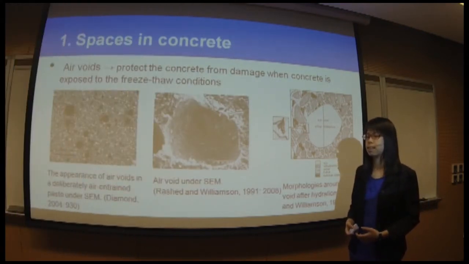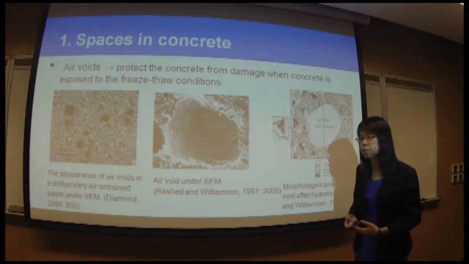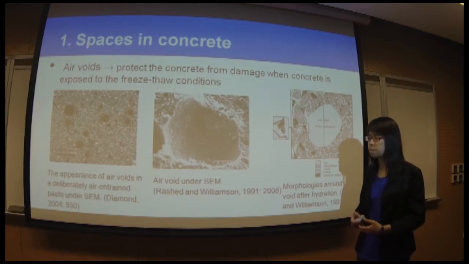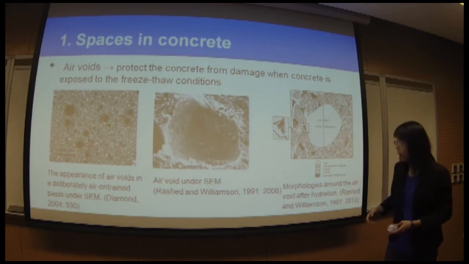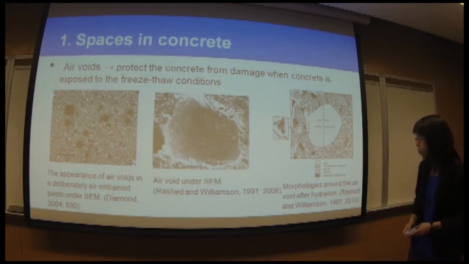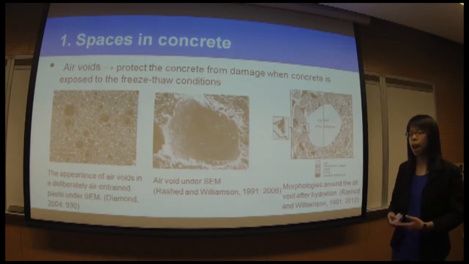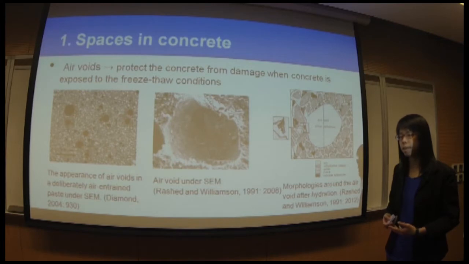Some scientists suggest that the lines are thin crystals which had penetrated the air void, and they always appear to be straight lines or showing branching. And these photos show the morphologies around the air void after hydration, as the shell of the air void is mainly made of cement grains.